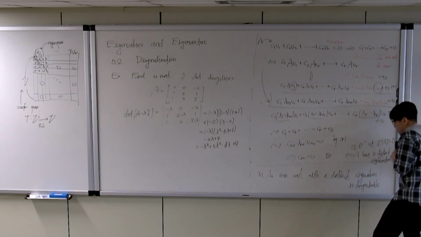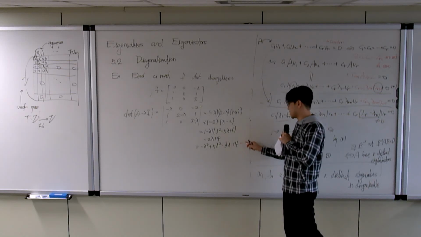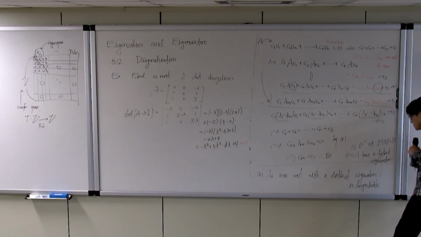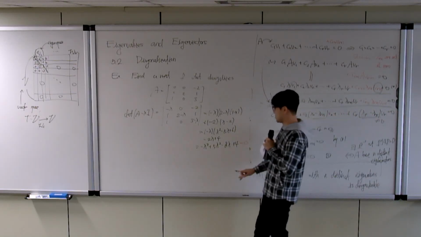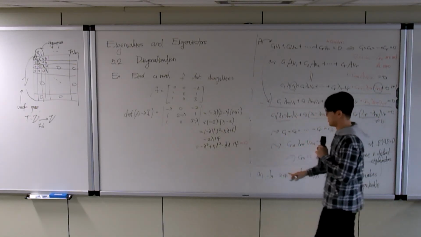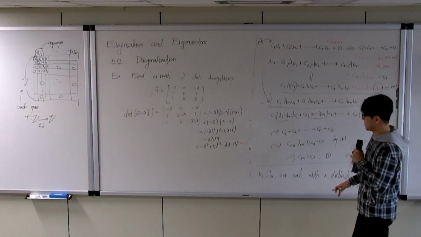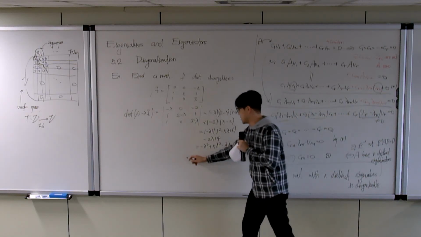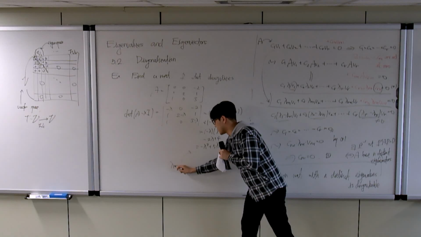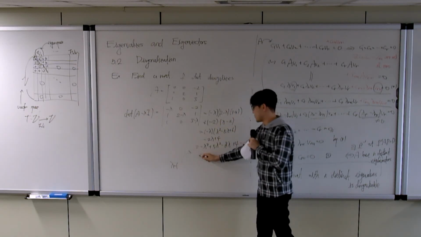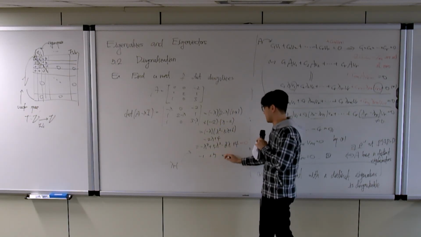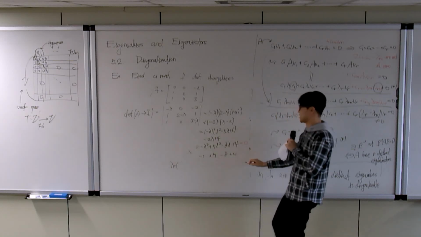I wrote minus here, so I calculate minus this polynomial. So minus lambda cubed, plus lambda cubed minus 5 lambda squared plus 8 lambda and minus 4.